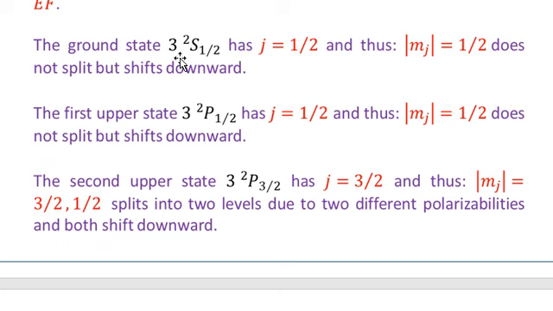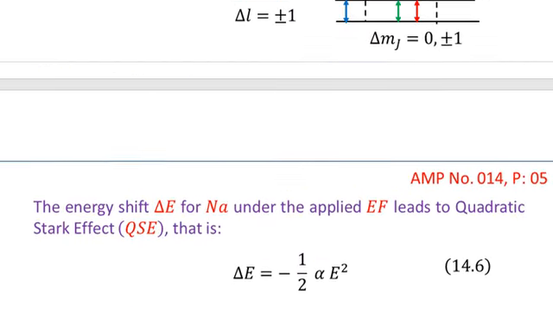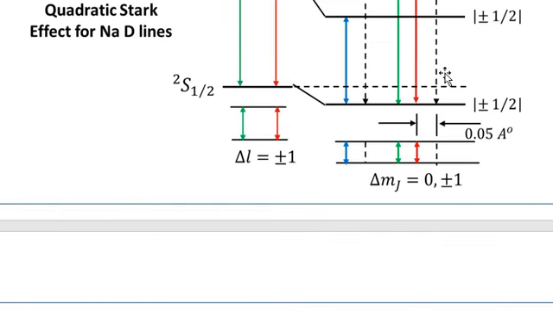The ground state, which is 2s1/2, has j equal to 1/2, and thus mj mod is equal to 1/2, and it does not split. So the level does not split but shifts downward. You can see in the diagram that the level corresponding to the ground state is shifted downward but remains a single level.